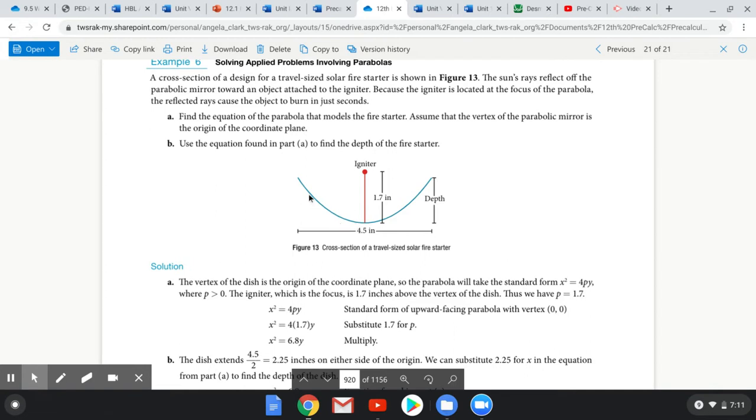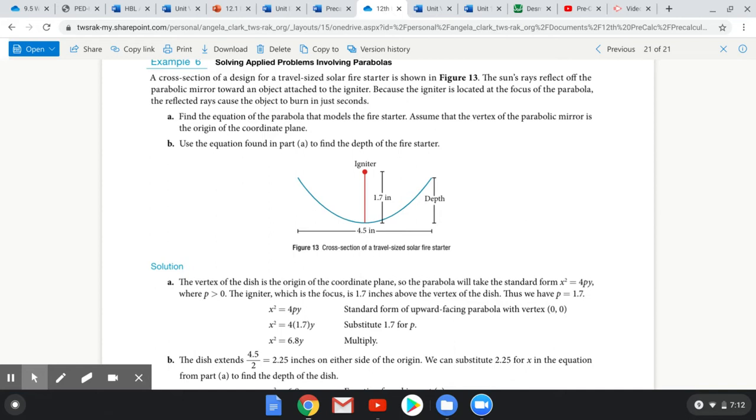That's A. So we're going to assume that the vertex is at the origin, because that's the easiest way to do it when you're doing word problems.